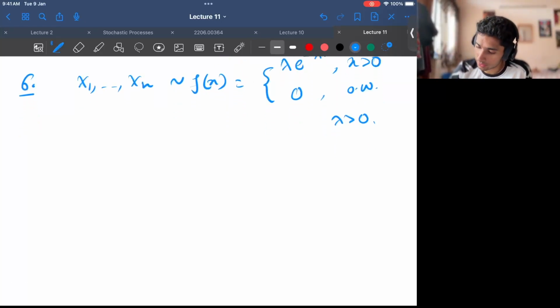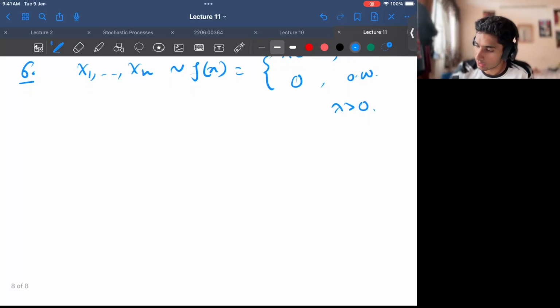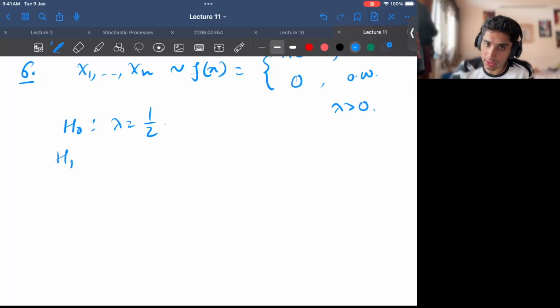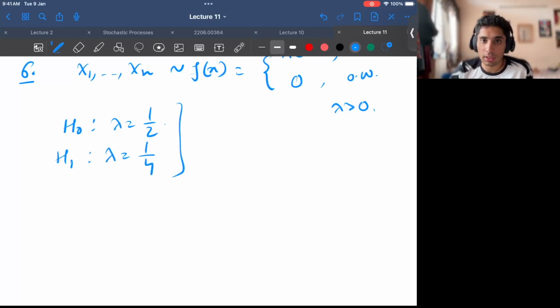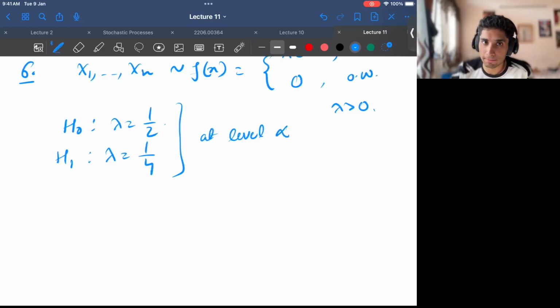The question is, so you have two hypotheses now, right? One is H naught, which says that lambda is equal to half, and there is H1, which says that lambda is equal to 1 by 4. Okay, these are your two hypotheses, and this is at level alpha. So the level is already given to you.